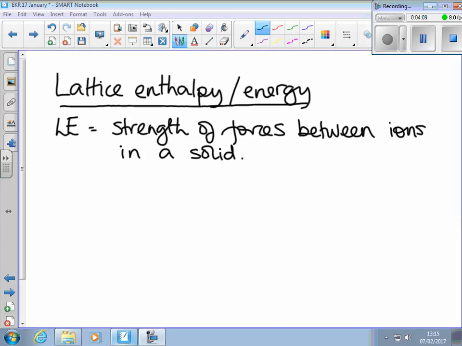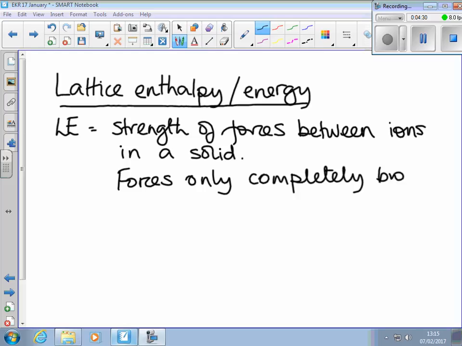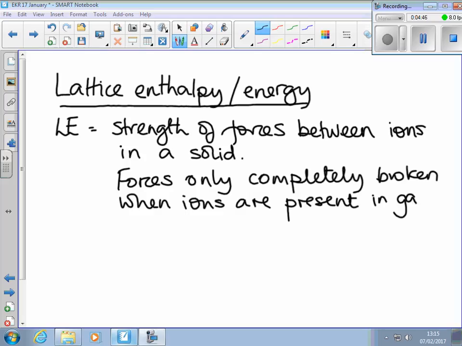So these forces are only completely broken, hopefully you know what I mean in that sense, when the ions are present in gaseous form.